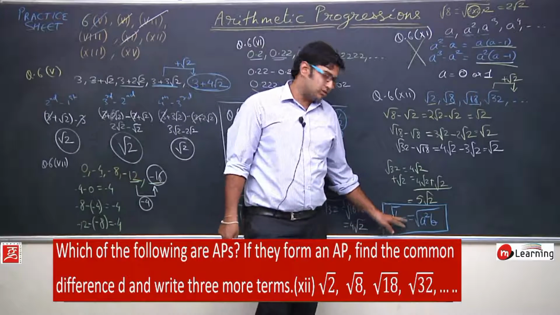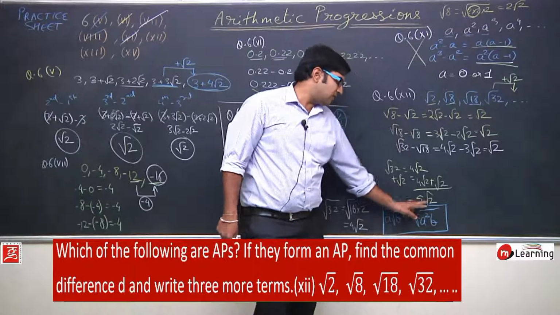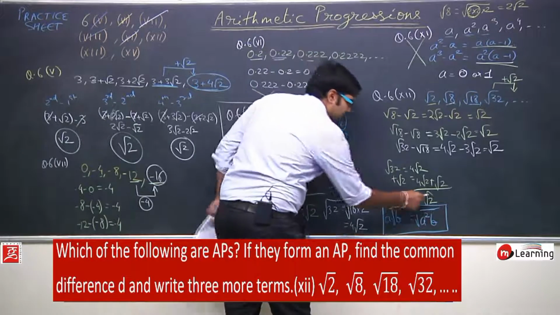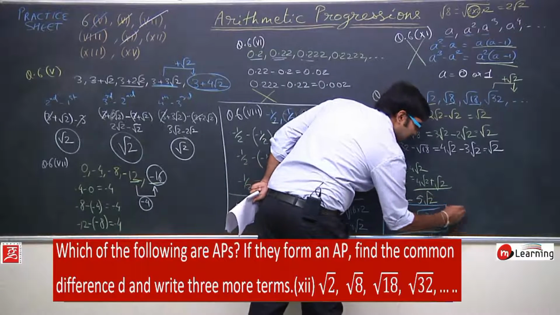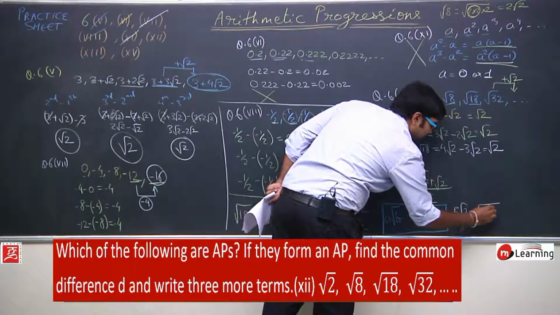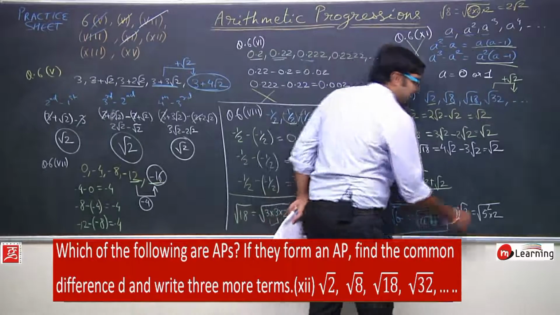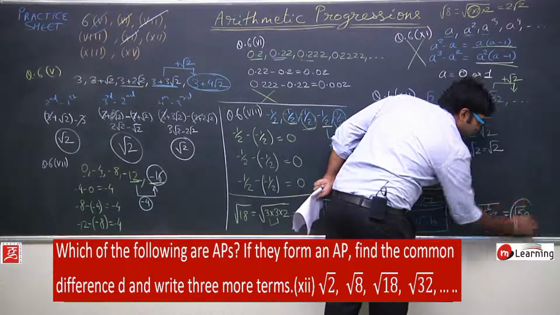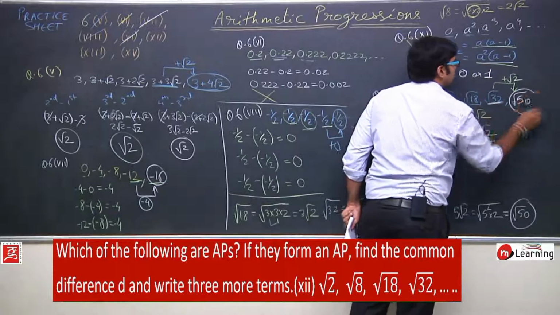Here, if I compare 5 root 2 with a root b, I can write 5 root 2 as root of 5 square into 2. What is 5 square? It will be 25, and into 2 is root of 50. So the next term after root 32 will be root of 50.